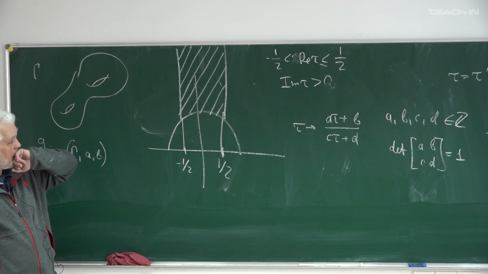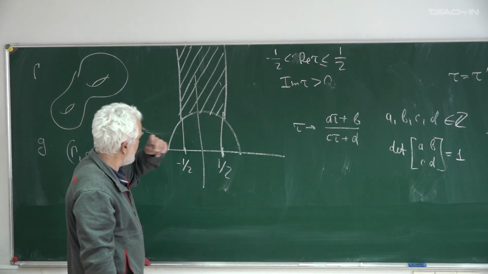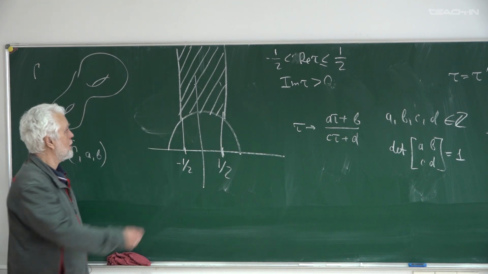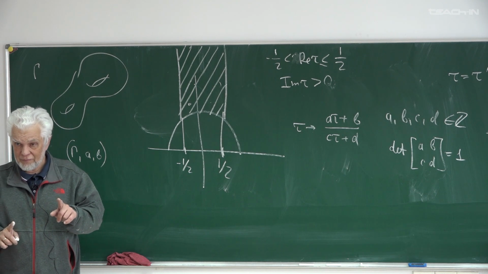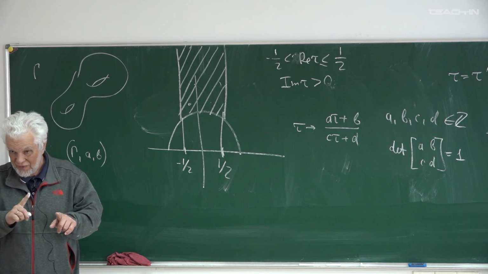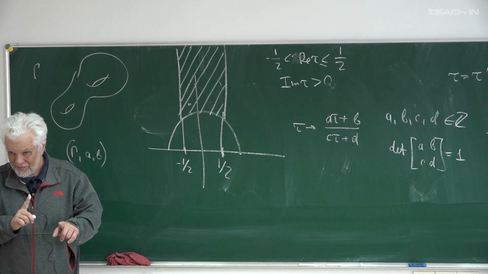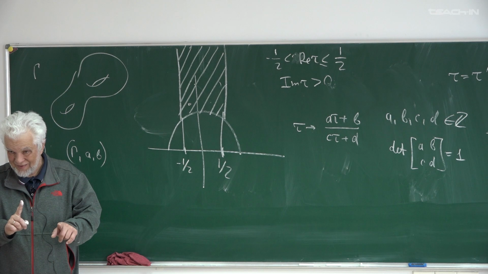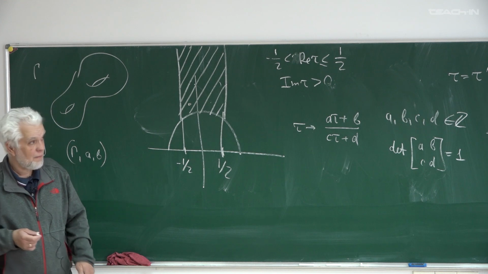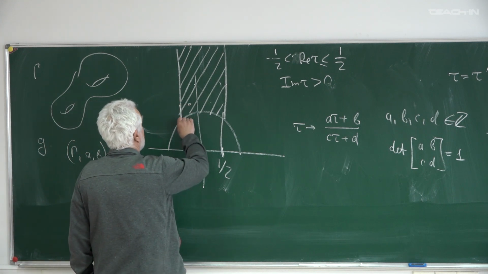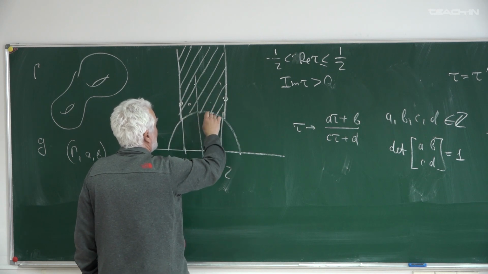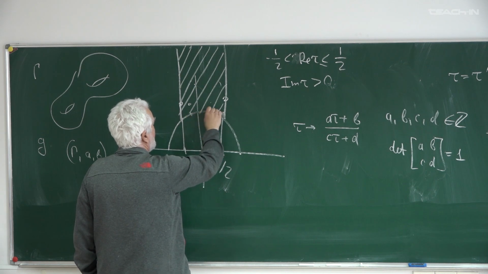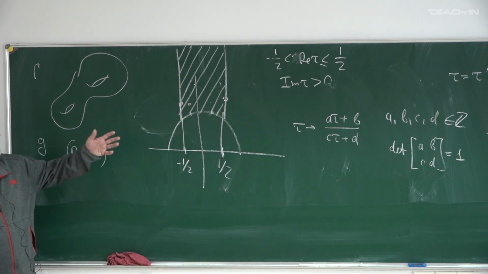The second statement is that if there are two points inside this domain, they cannot be moved one to another using this group. Understand? Of course, you can move this point to this, and you can also move this point to this, but okay.